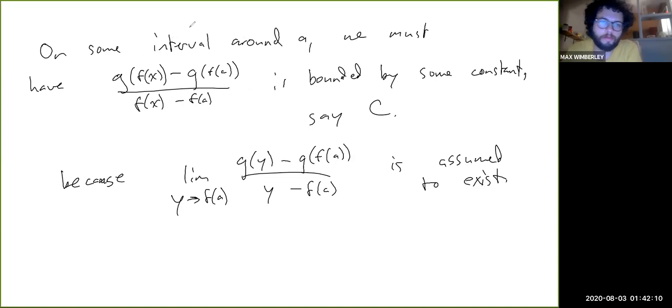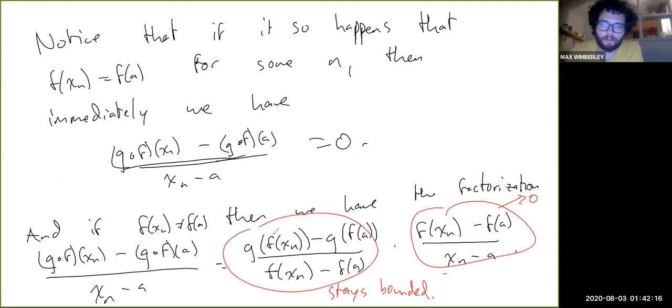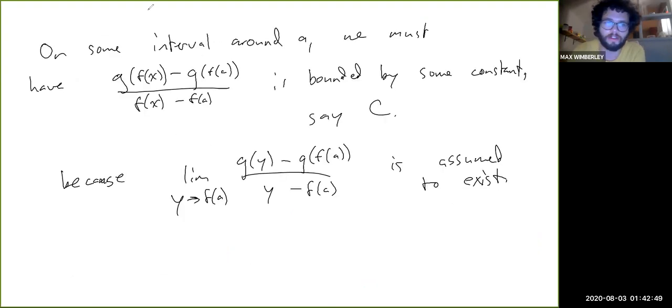Putting these two things together: if f of xn equals f of a, then this is just 0, and otherwise we can bound this above by c times the difference quotient for f. So in either case, the difference quotient g compose f of xn minus g compose f of a over xn minus a will be bounded above by a constant times this expression.